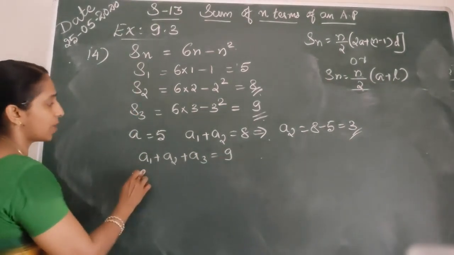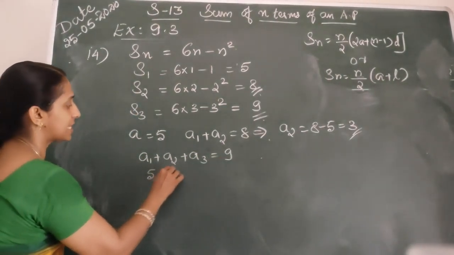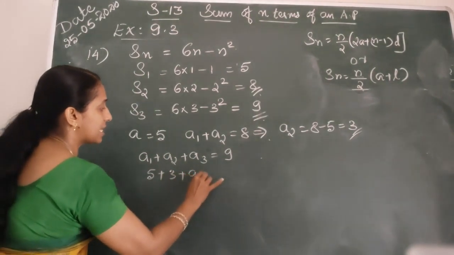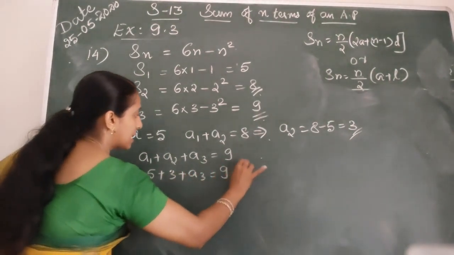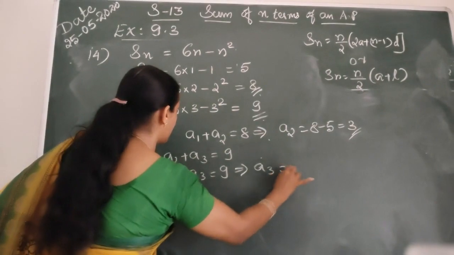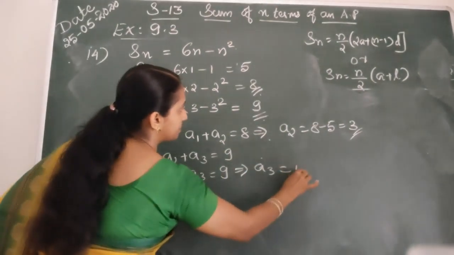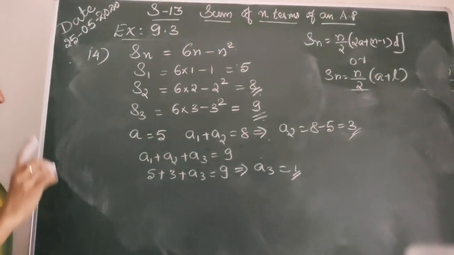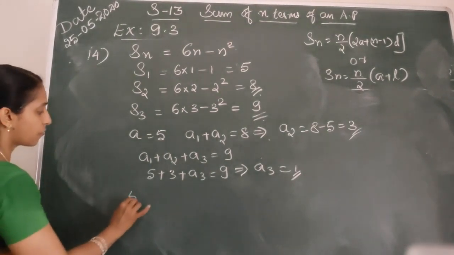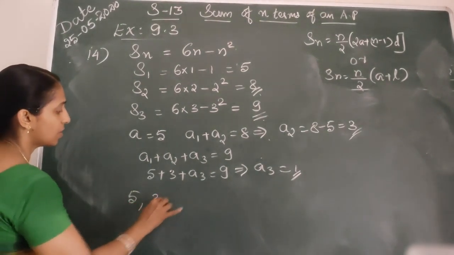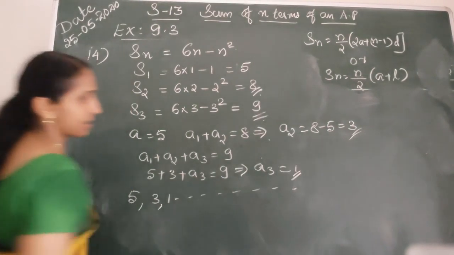And among that you are having 5 plus 3 plus A3 equal to 9, means A3 will be equal to 1. And now you are getting the series 5, 3, 1, etc.